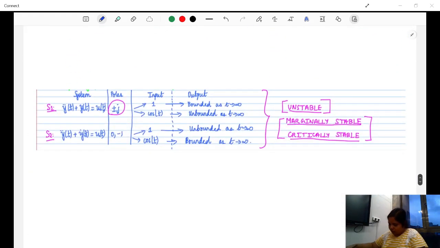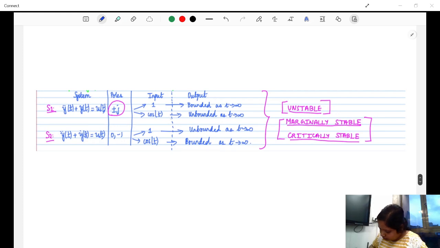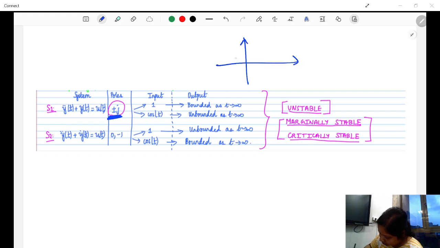So one more thing that was covered in the slide was this. See, here the poles are at plus minus j. There is already a pole at plus j and minus j. Now, when you give a unit step input, you will have one more pole at s is equal to 0.